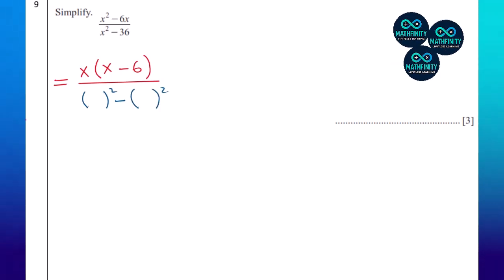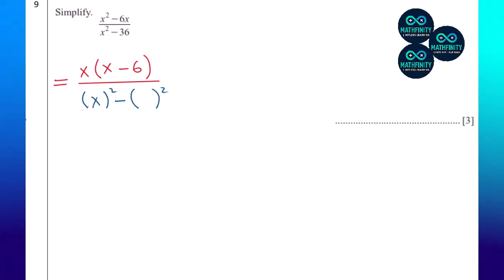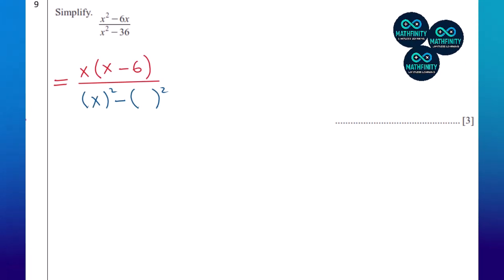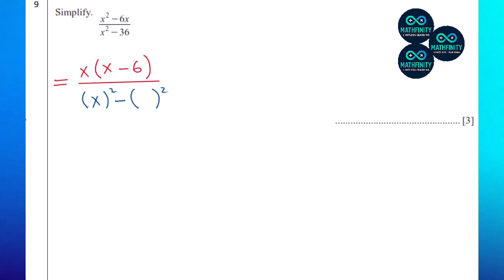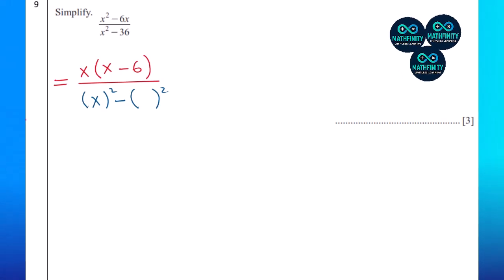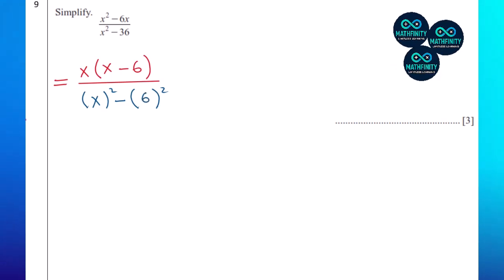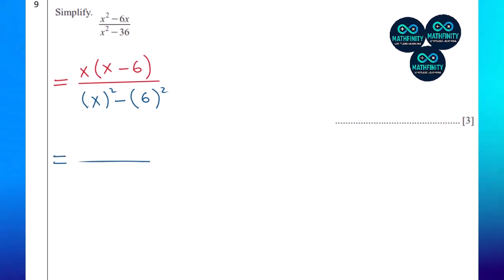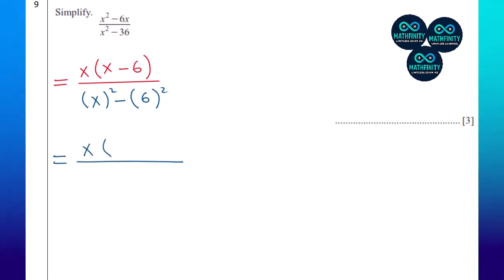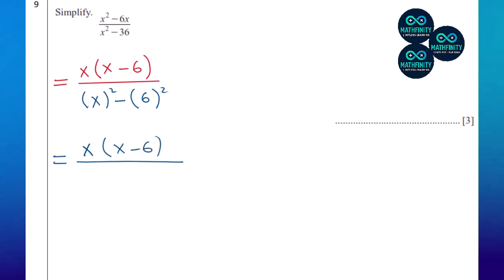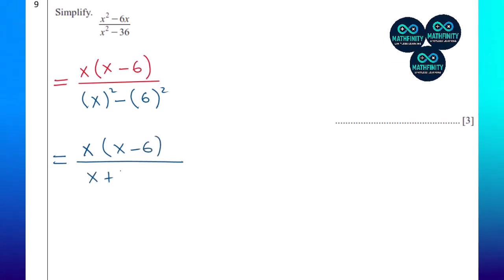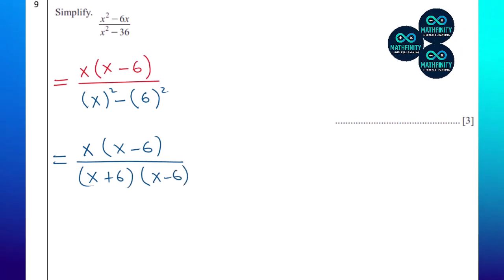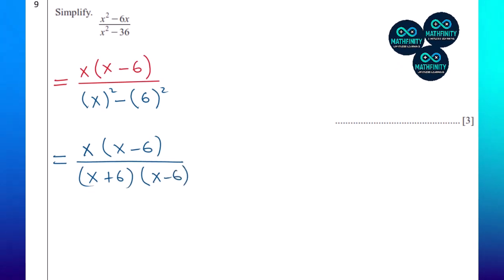What we can write in the first bracket: x, and in the second bracket: 36. So what number, same number two times, 6 times 6 gives you 36. So we can write 6. According to the rule, we have to write one time positive and one time negative. So (x − 6) and (x + 6).